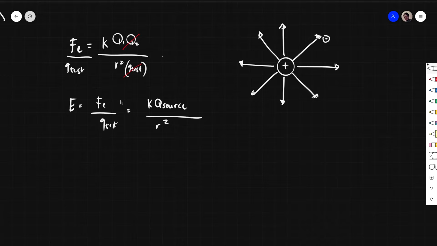If you use this definition, you take the electric field between these two divided by this one, so effectively you're canceling this one out. You got that?